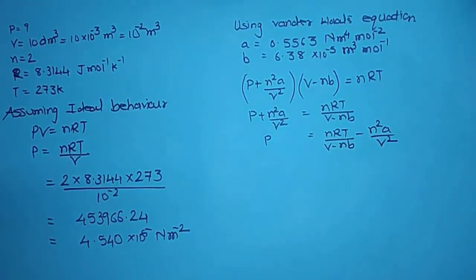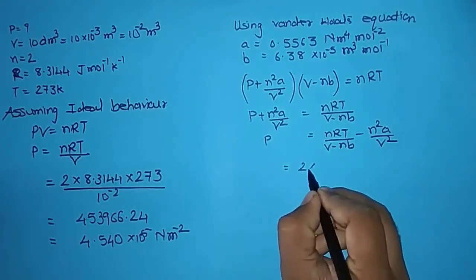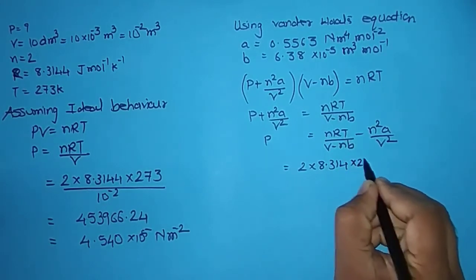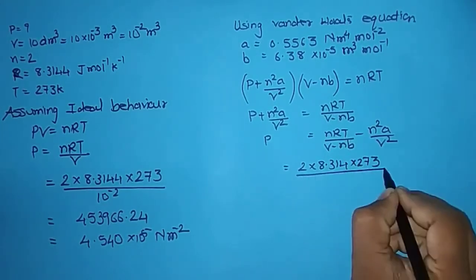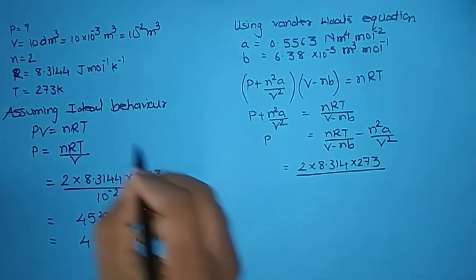Then simply we have to substitute the values. That is n equals 2, R is 8.3144 and temperature is 273, divided by 0.01, that is the value for V, 10 raised to minus 2.